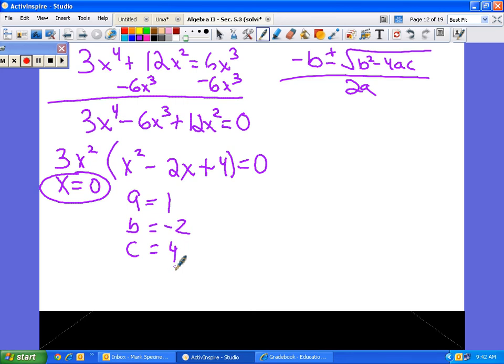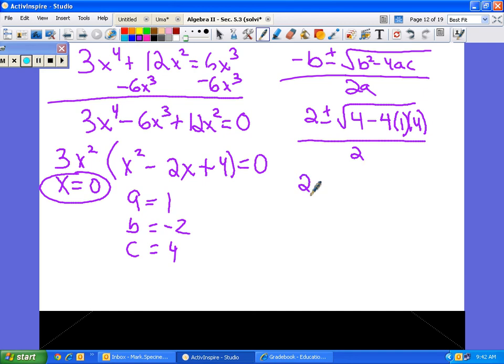Now the next step is to plug it in. Opposite of B, so -2, opposite of -2 is +2, plus or minus the square root of -2 squared, which is 4, minus 4 times A times C, all divided by 2A, which is 2.